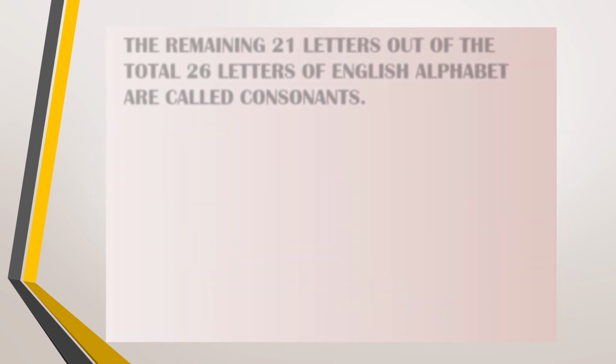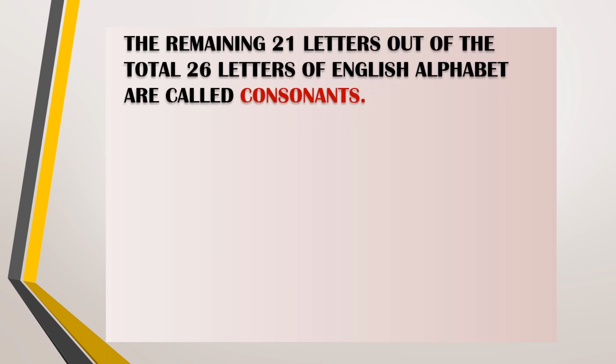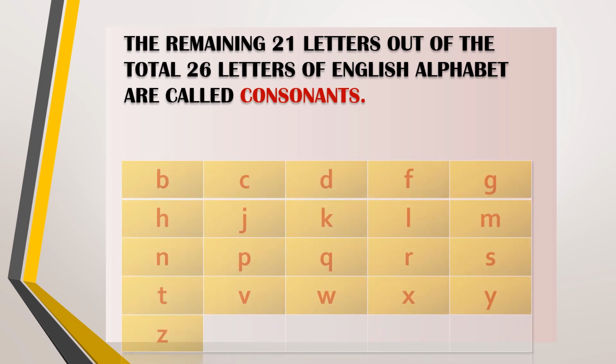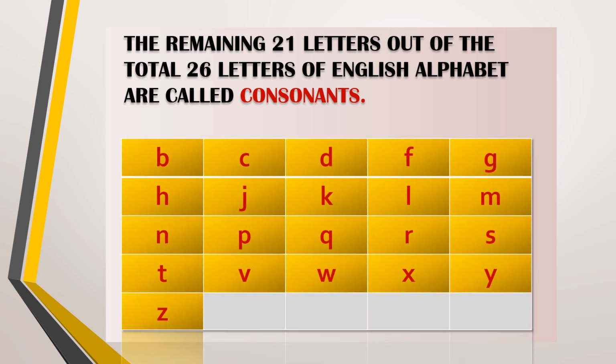Vowels. Let's proceed and study the next part, that is consonants. The remaining 21 letters out of the total 26 letters of the English alphabet are called consonants. Means in English we have 26 letters and if 5 letters are vowels, then the rest 21 letters are called consonants. So let's see which are the consonants.